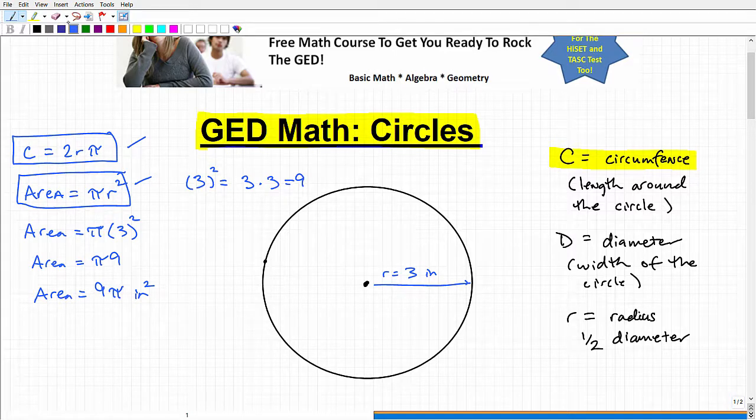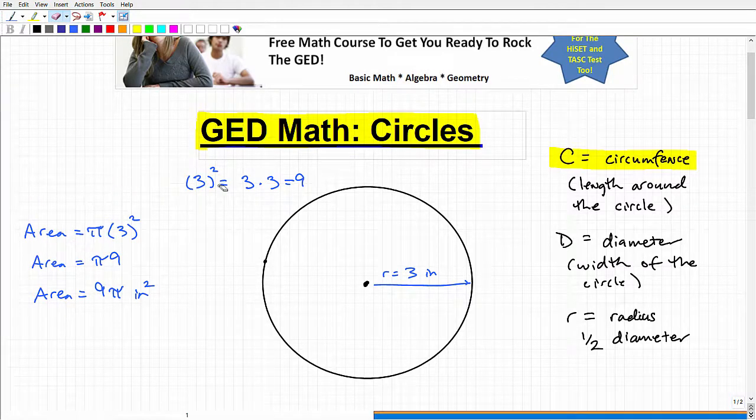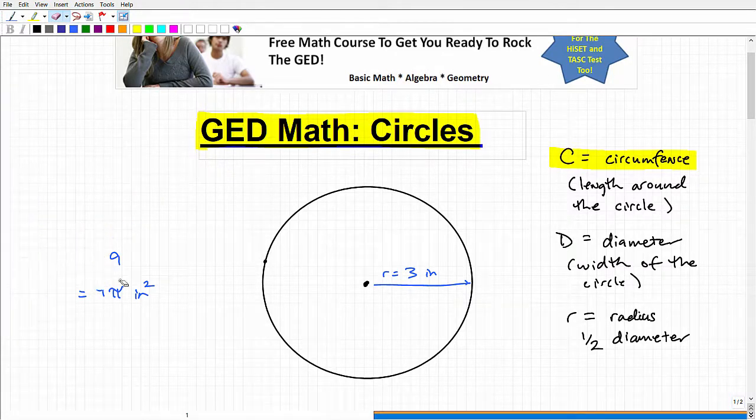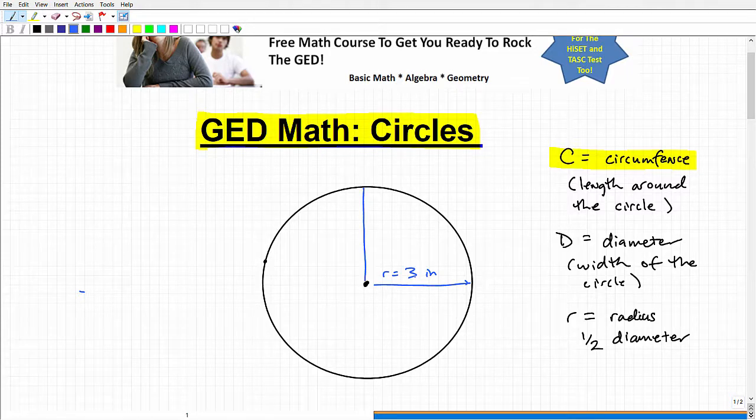This is probably going to cover a good chunk of what's going to be on the GED. Now let me go ahead and cover one more thing here. Let's see if you can figure this out. Let's suppose I have this radius out here and this another radius here. We know it's 3 inches. And I say, I want you to find the area of this sector here.